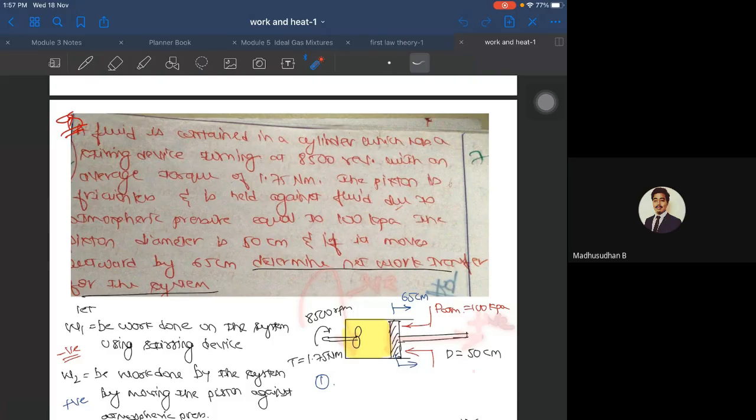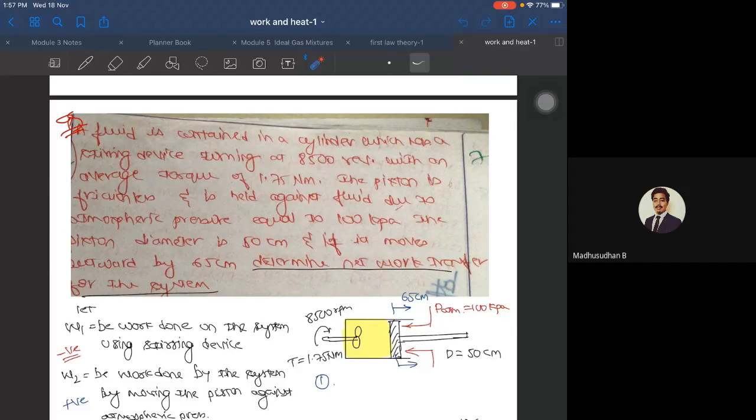Remember this. With an average torque of 1.75 Newton meter, 8,500 rpm is the speed at which the agitator is revolving. The piston is frictionless and held against the fluid due to atmospheric pressure acting on either side, which is equal to 100 kPa.